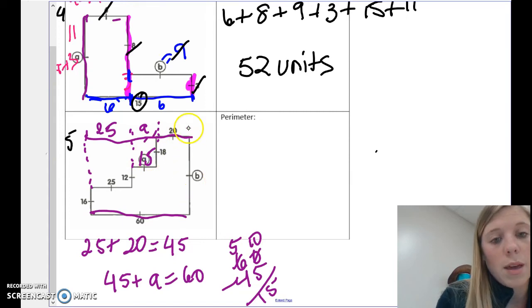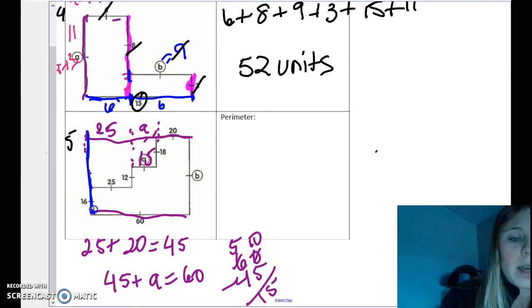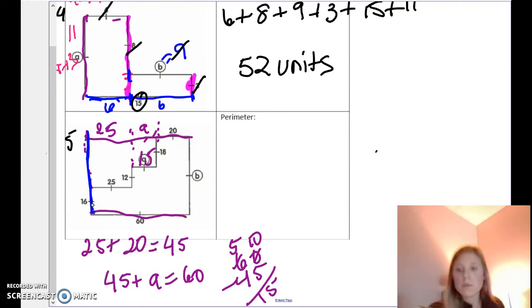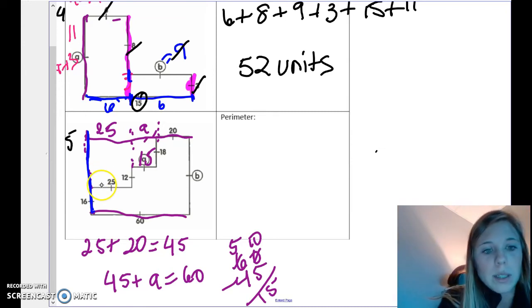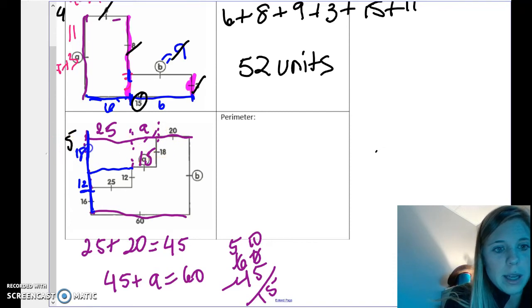Okay, we have a part B. So we know that this B is the whole entire length. If we look at that whole entire side, we can see that here this is 16, this is 12, and this is 18.